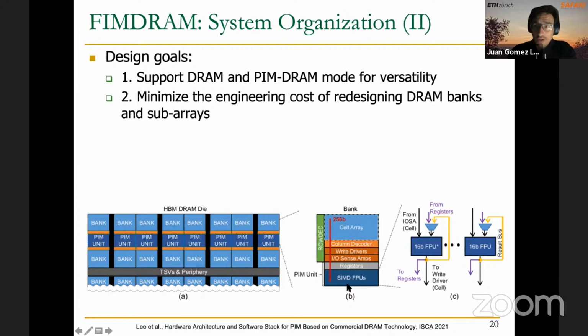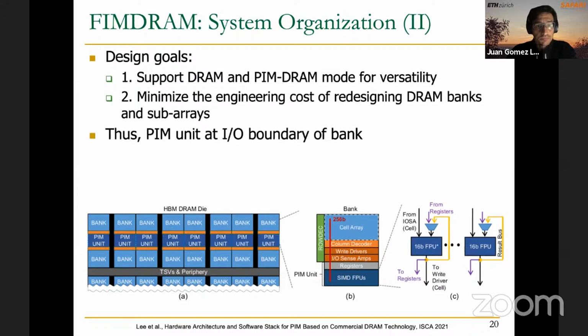One difference is that while in FIMDRAM we have one of these execution units per every two banks, in UPMEM we have one DPU per bank.